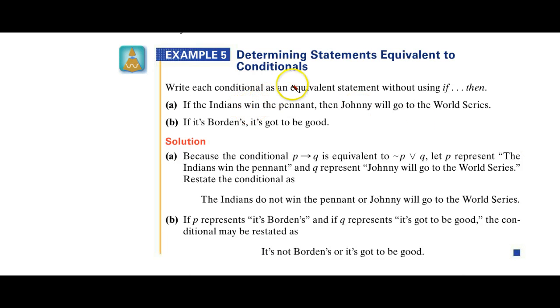So in letter A, they want us to write equivalent to the conditional. And we know that this is equivalent to this.